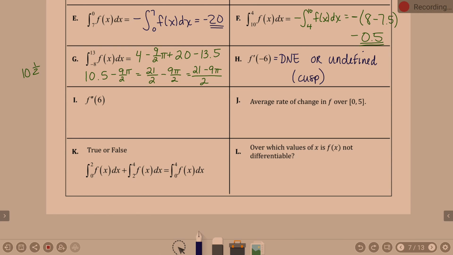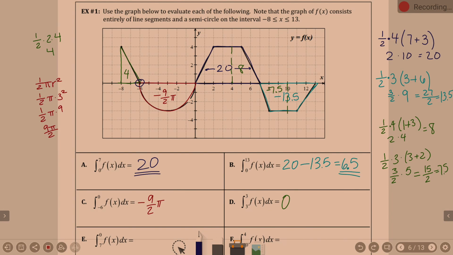F double prime of 6. What? F prime of 6 is what? 2? -2? No, it's double. I know. Okay, so when we look right here, that's where we're looking. There's 6, right? Yes.